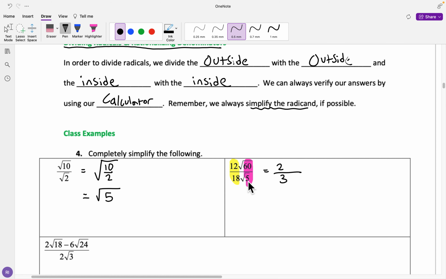And 60 divided by 5 should give me 12. Before you move on, you double check and make sure that your radicand is simplified, and it's not. So I have to go 4 times 3, square root of 4 is 2. I get 4 root 3 over 3.